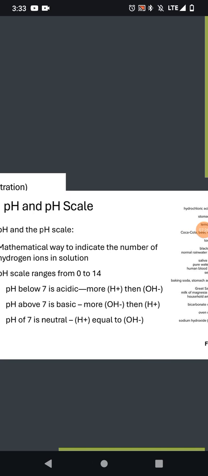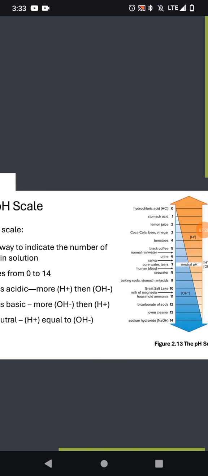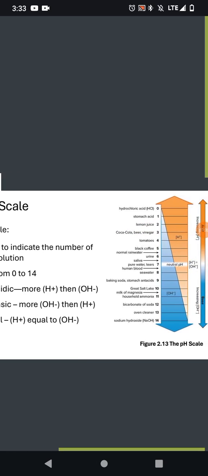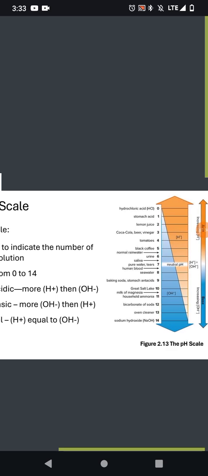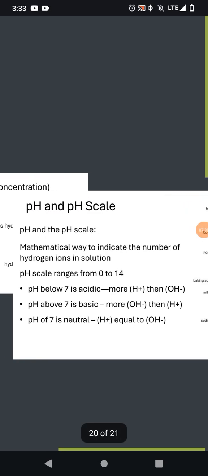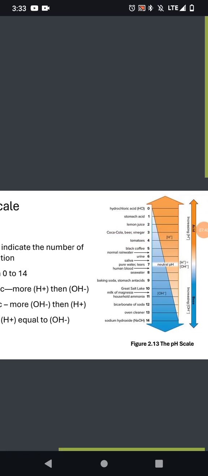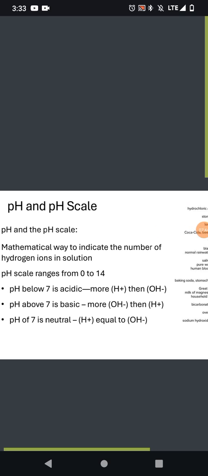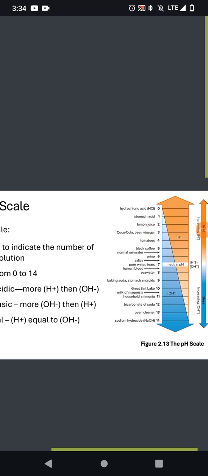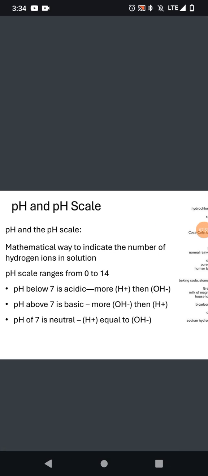A pH below 7 is acidic, with more hydrogen than hydroxide. So that would be everything before 7. Everything above 7, which is everything at the bottom, has more hydroxide than hydrogen.